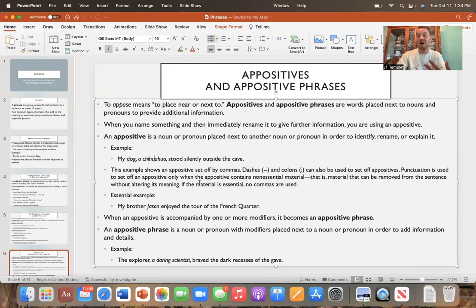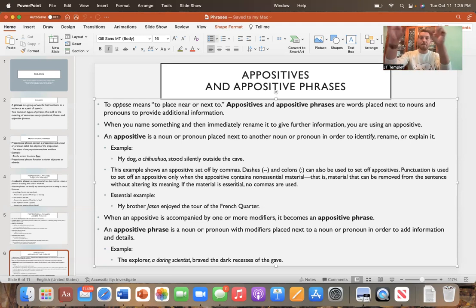Dashes and colons can also be used to set off appositives. There really is no rule about which to use. It's whichever you feel is best conveying your meaning. There is no necessarily right or wrong when it comes to using commas or using dashes. Commas are the default, but sometimes, especially if I'm wanting to give that emphasis, I'll use a dash.